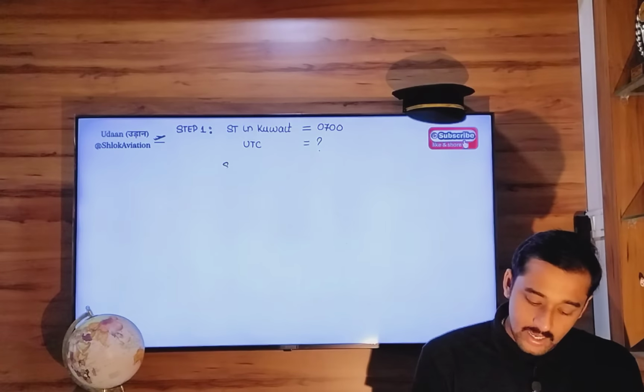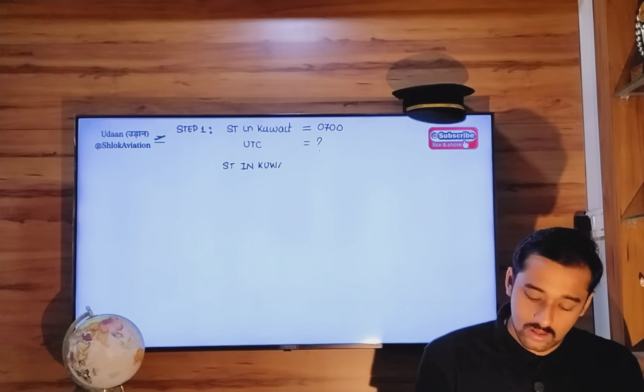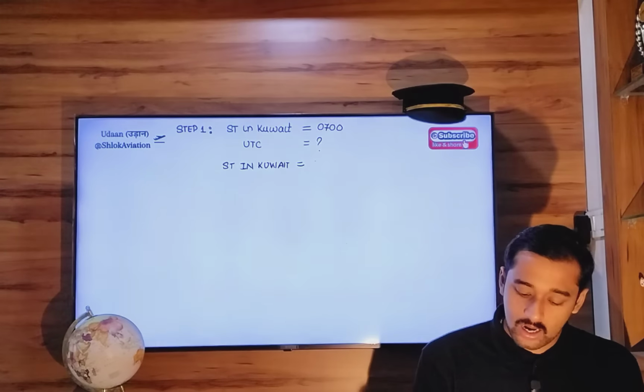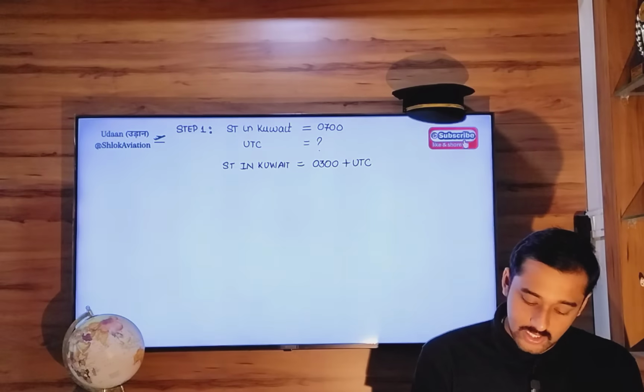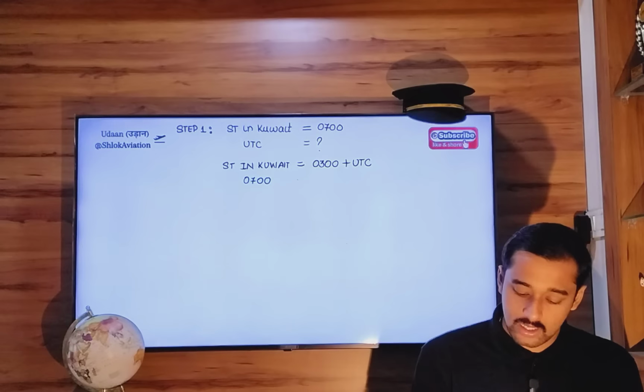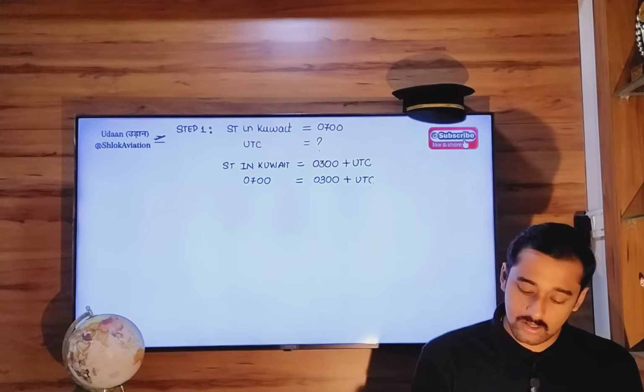So standard time in Kuwait is 3 hours ahead of UTC time. So 0700 is 0300 plus UTC.